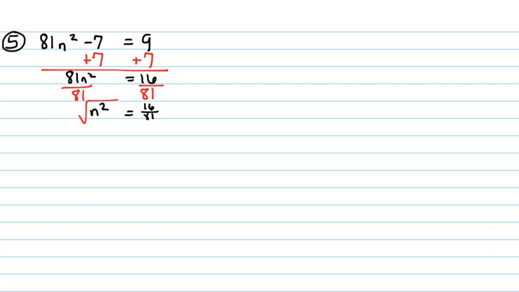Now I'll take the square root of both sides. And remember, every time I take a square root, I have a positive and negative for that solution. Square root of 16 is 4. Square root of 81 is 9. It was not negative, so there is no imaginary portion to this one. So my solution is negative 4 ninths, positive 4 ninths.